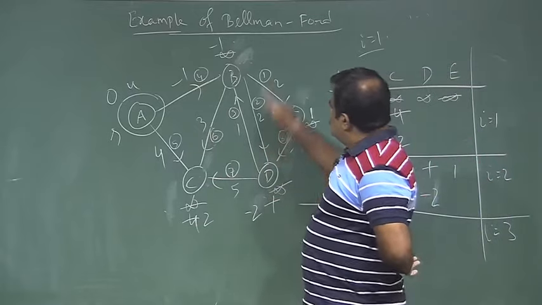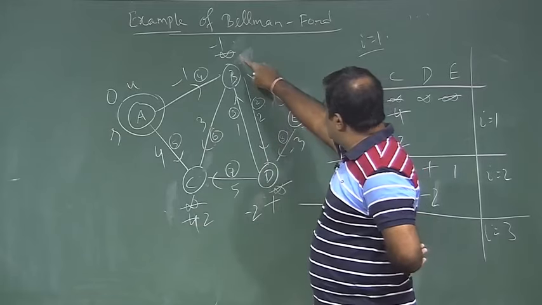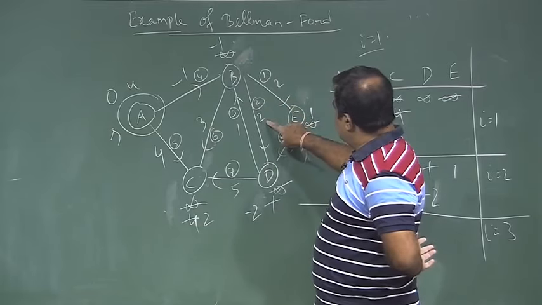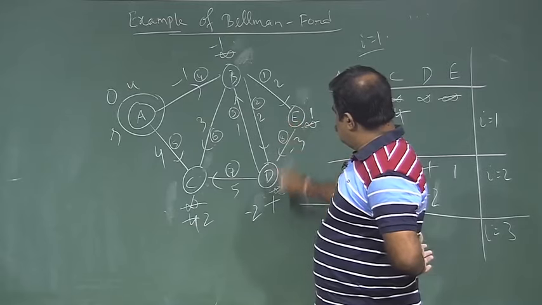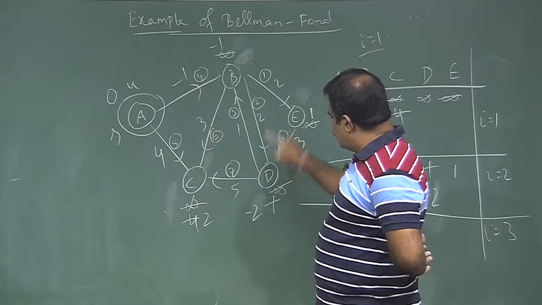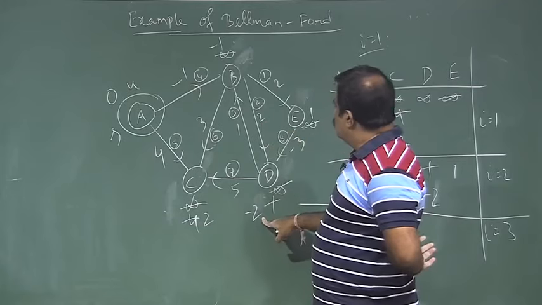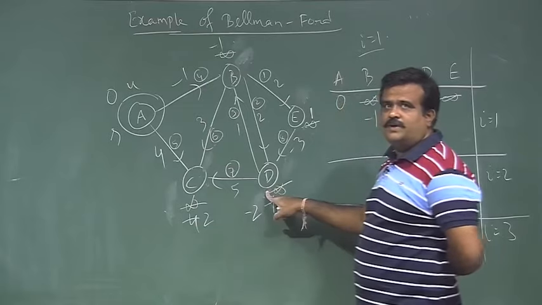Now, edge number 2, this is u, this is v. This is basically minus 1 plus 2, so this is plus 1. This vertex already has minus 1, so plus 1 is not better than minus 2. So no relaxation is required for this vertex.